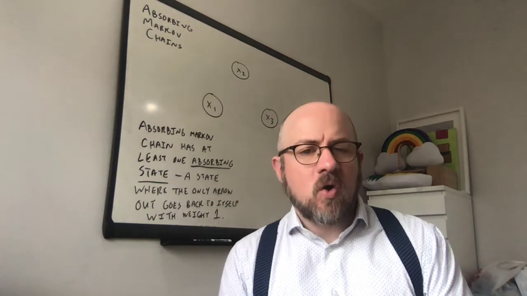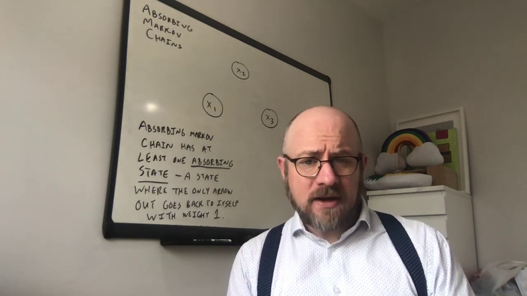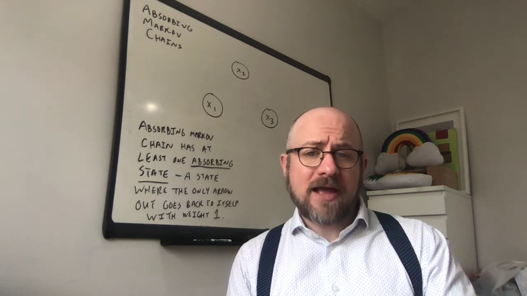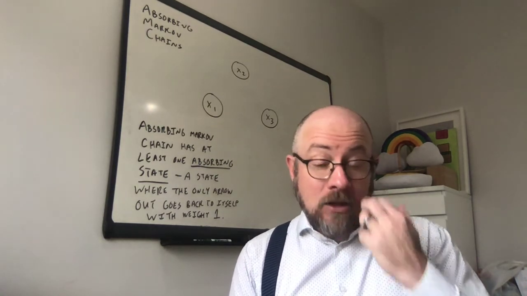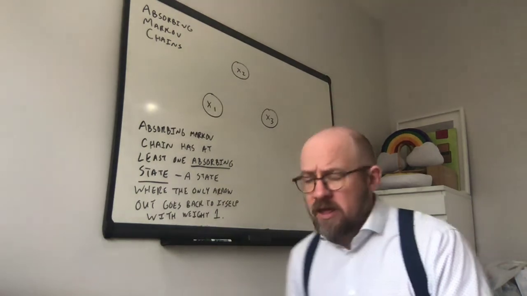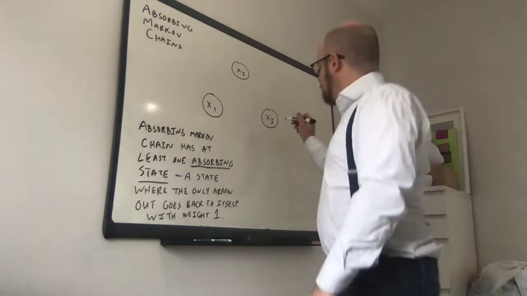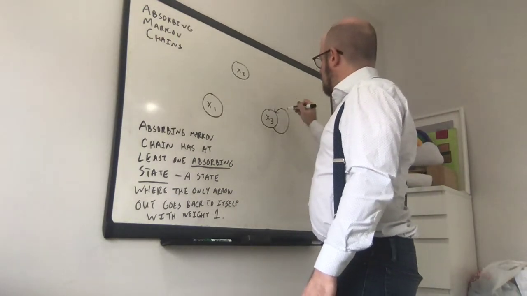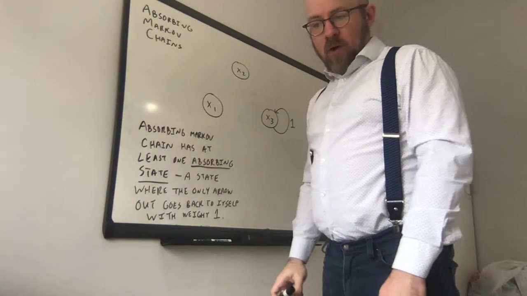All of the arrows out of a particular state have to add up to 1. So if there's only one arrow going out, it has to have weight 1, and it goes back to the state itself. For example, I'm going to make x sub 3 an absorbing state, and I do that just by drawing one arrow and labeling it with weight 1.